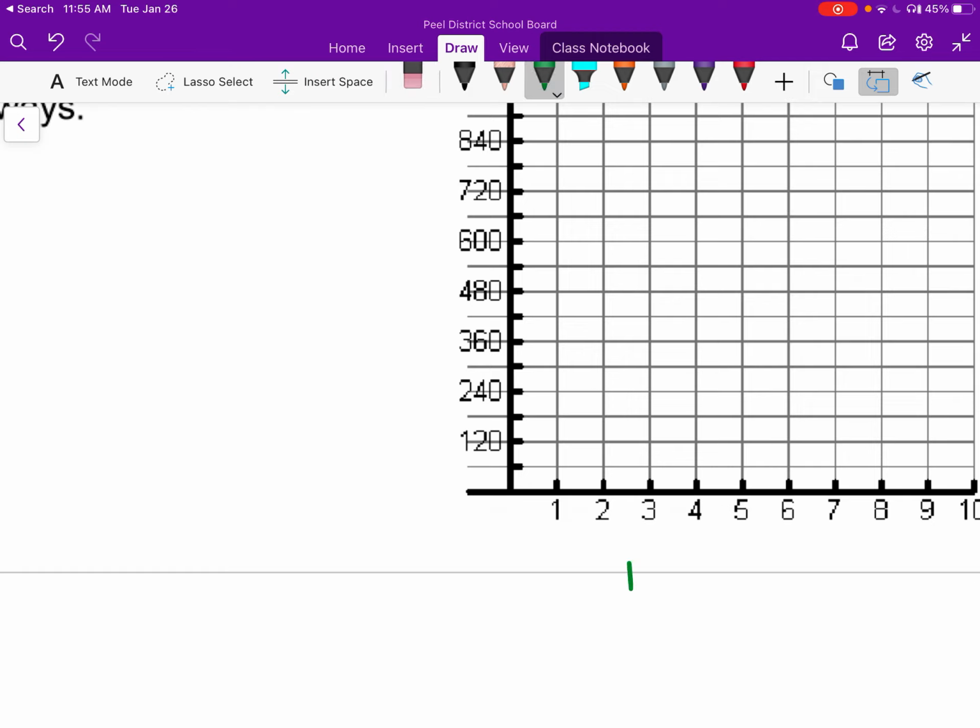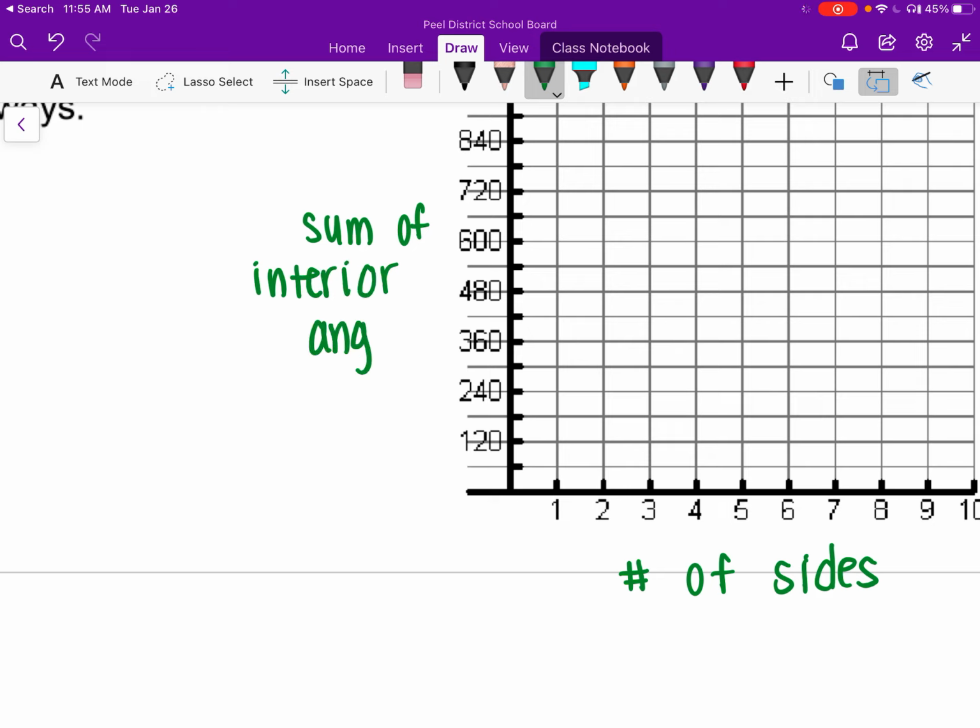So this is going to be number of sides, and then this one is the sum of interior angles. Right, so we're going to find the sum of the interior angles.